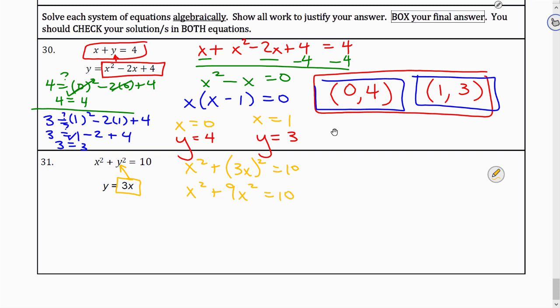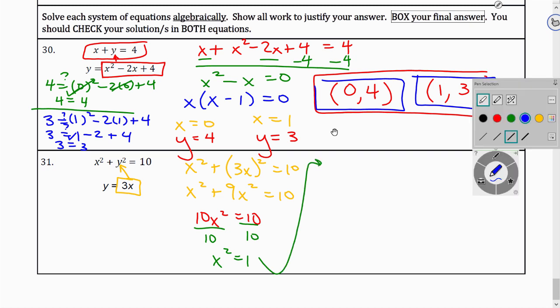Then combining like terms, I have 10x squared is equal to 10. Now I can divide both sides by 10, and I get x squared is equal to 1.